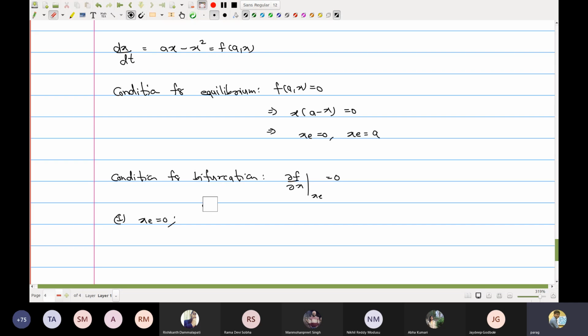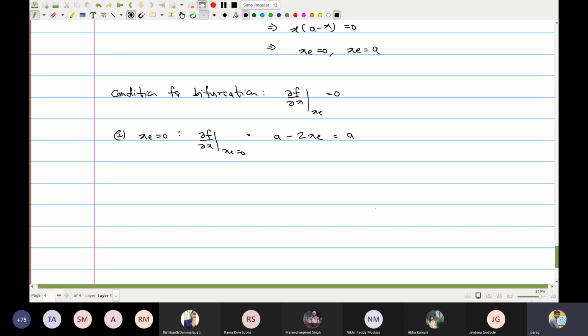In this case, del f by del x at xe equal to 0 is a minus 2 xe, which is equal to a, which means that xe is equal to 0 is stable for a less than 0, and xe equal to 0 is unstable for a greater than 0.